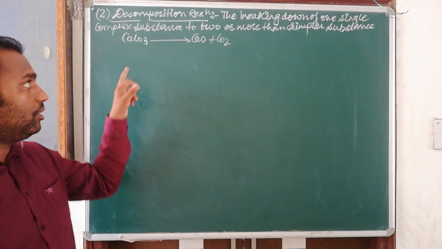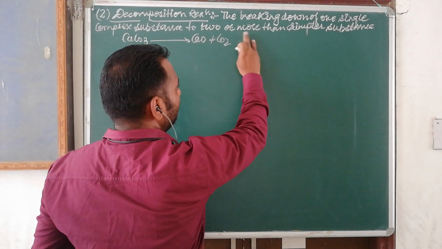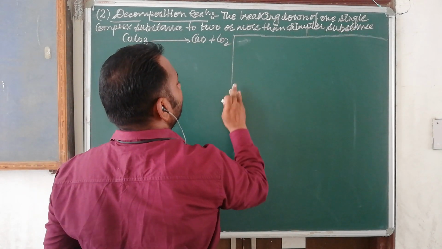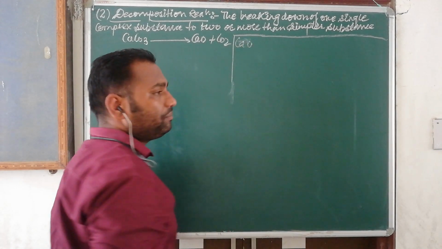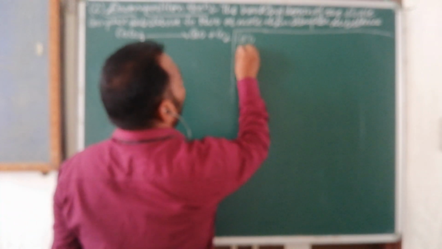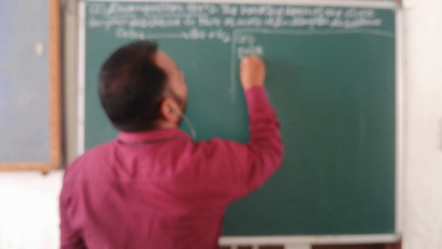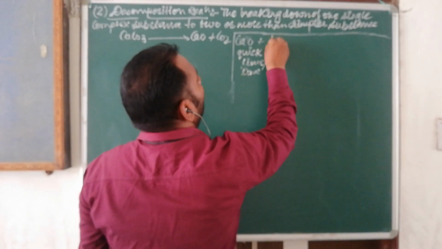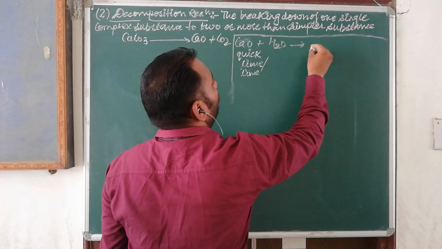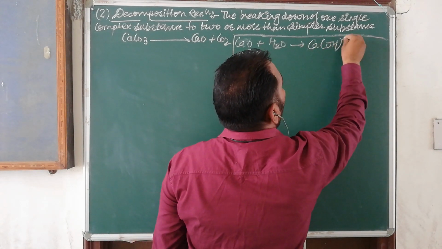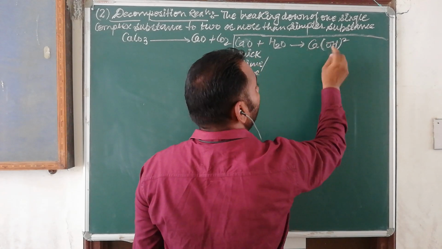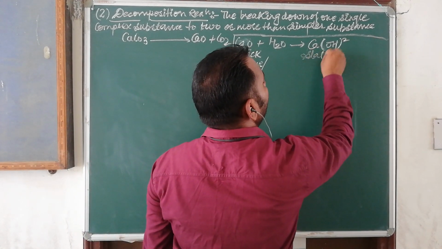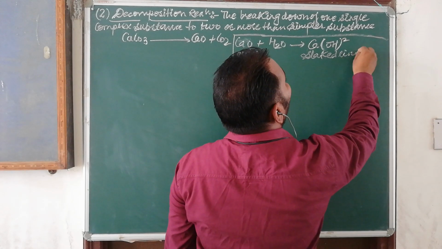One more important reaction I have to explain here. It is not related to decomposition, but you should also see it. CaO, whose name is quicklime or simply lime, when it reacts with H2O forms calcium hydroxide, known as slaked lime.